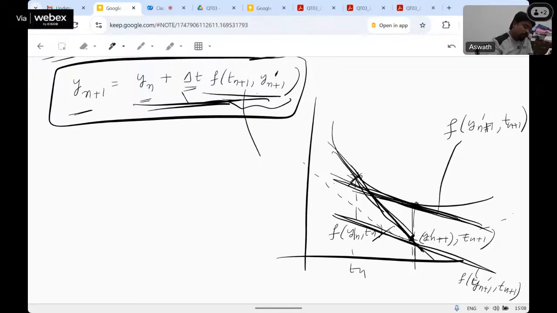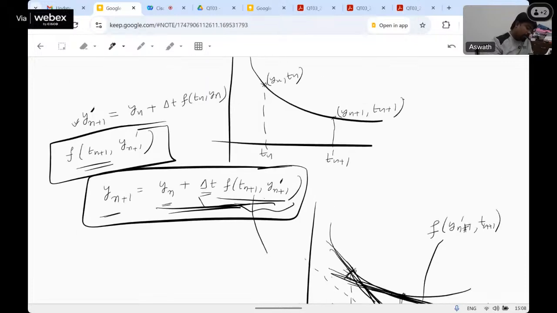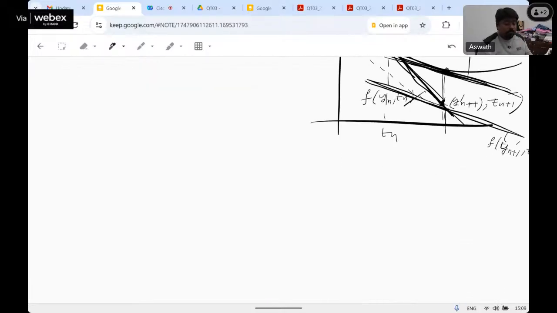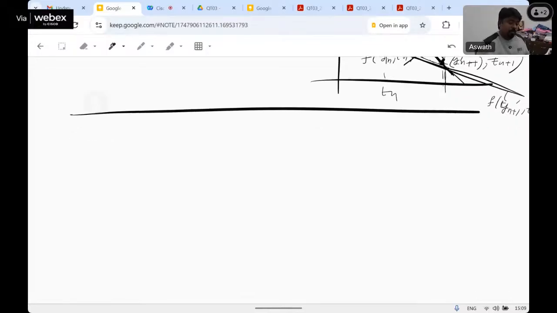This method of adding the extra derivative is actually called Cramer's correction to Euler. So this is how numerical integration is done with a little bit more approximation, a little bit more improved.